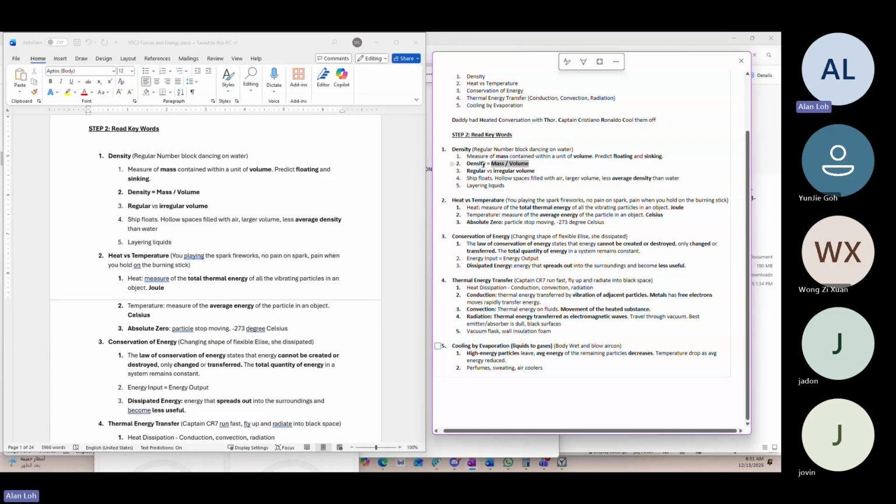When the volume increases, the density decreases. Right? Then in the density, we also have regular and irregular volumes. We'll know about this more later. For now, just try to understand that there are such keywords in this drawer. So drawer number 1 is called density, right?